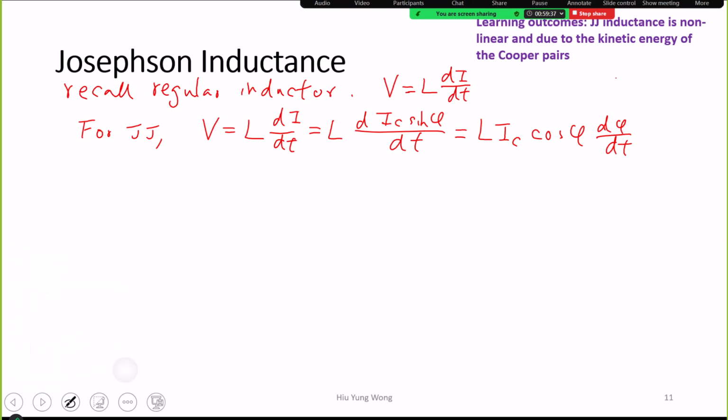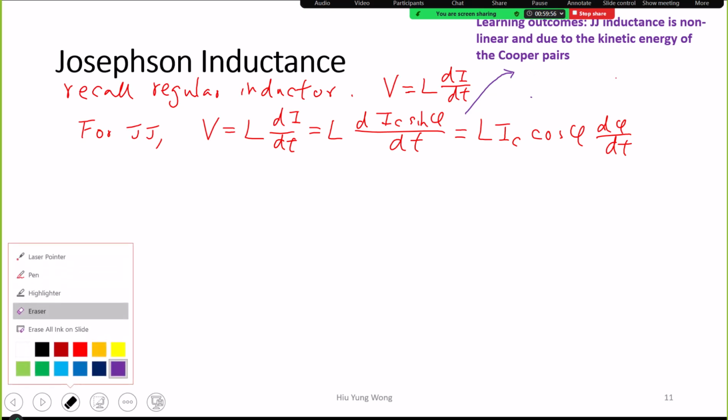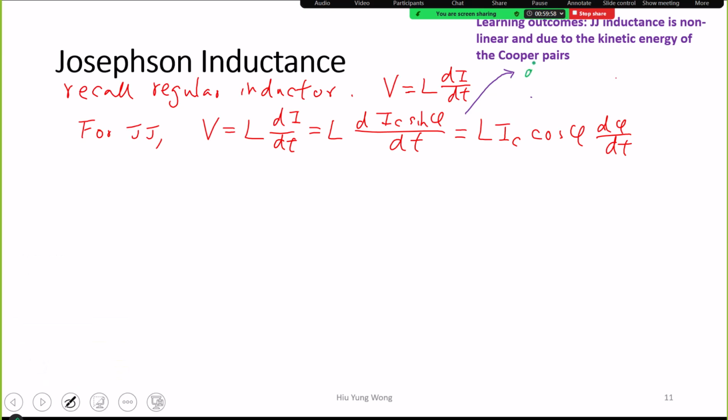So here I'm using the chain rule: d sine phi/dt equals d sine phi/d phi times d phi/dt, because the variable on top is phi, bottom is t, right?